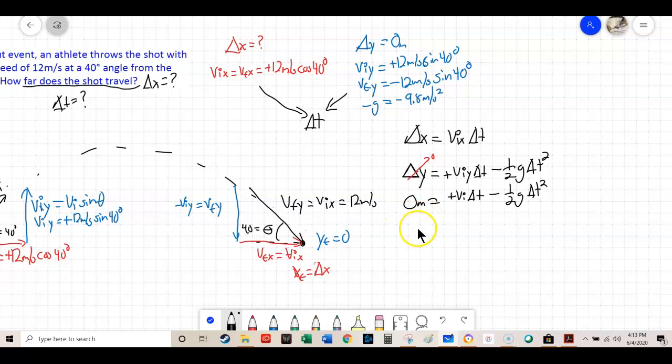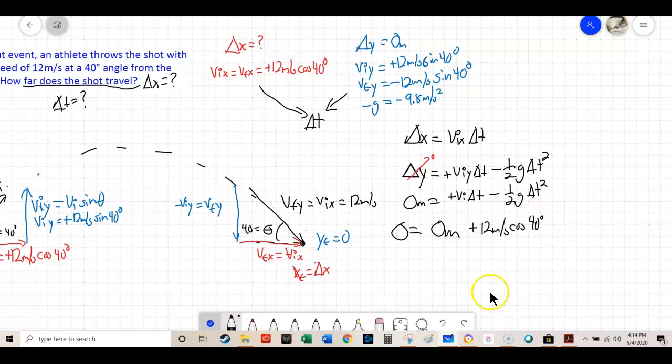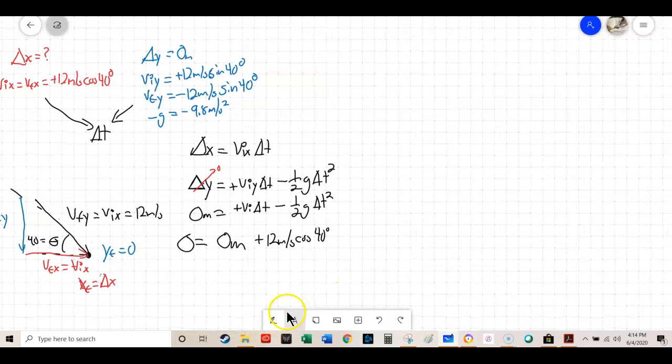So this is going to be 0 meters. I'm going to bring the 0 meters onto the other side. So we're going to have 0 equal to 0 meters, plus 12 meters per second sine of 40 degrees, delta t, minus 9.8 meters per second squared divided by 2, delta t squared.